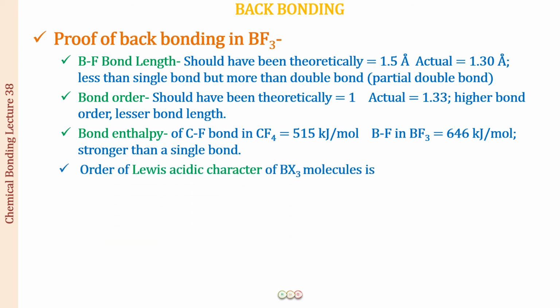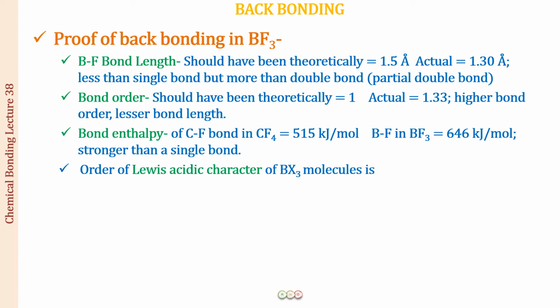Now the next thing is the order of the Lewis acid character of the boron halide molecules. Again, this is going to be one question which is frequently asked in the examinations. So what do we have as a Lewis acid? A Lewis acid is going to be a molecule or an atom which is going to accept a lone pair of electrons easily from another atom or another molecule, right?